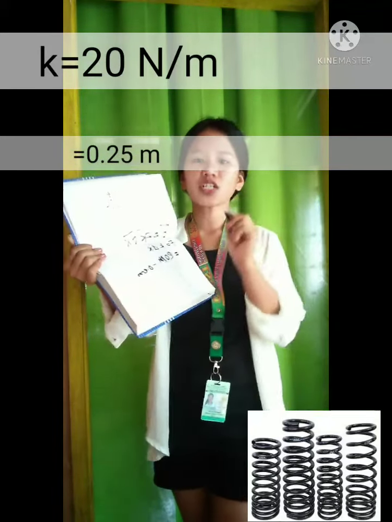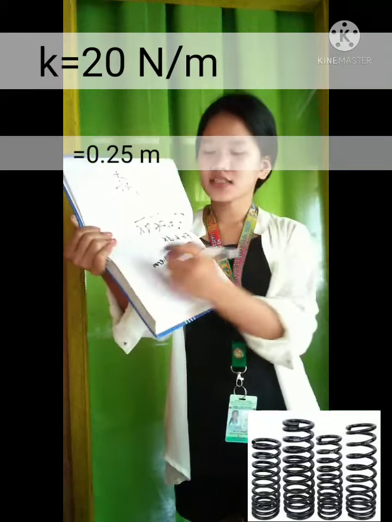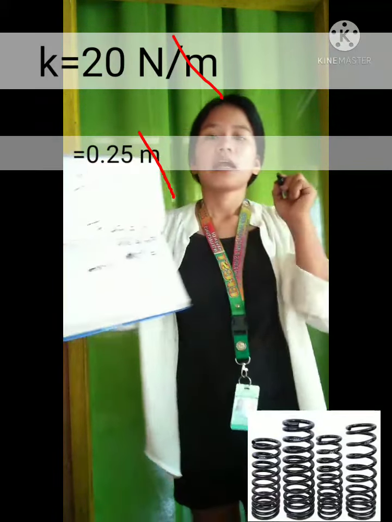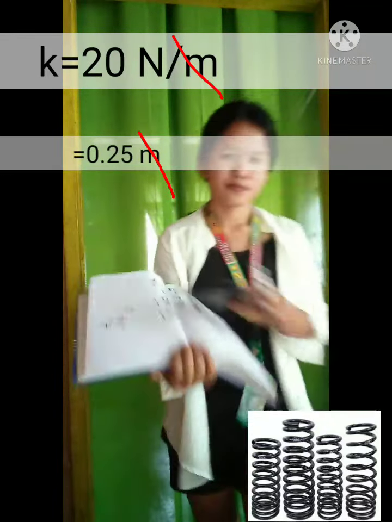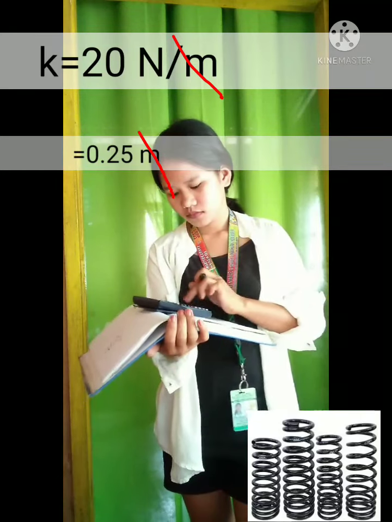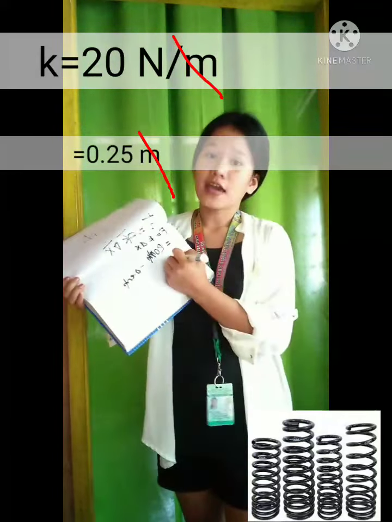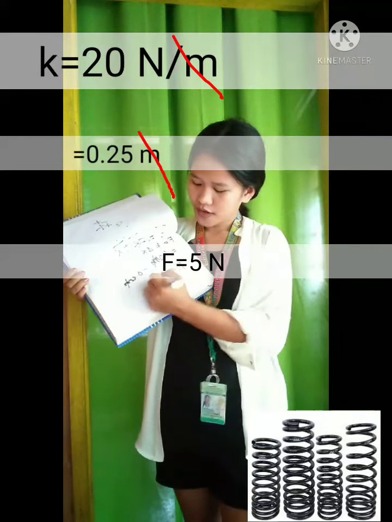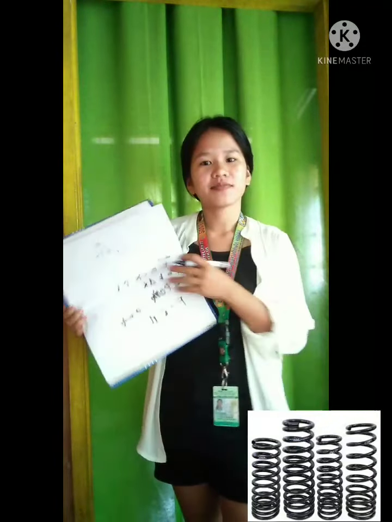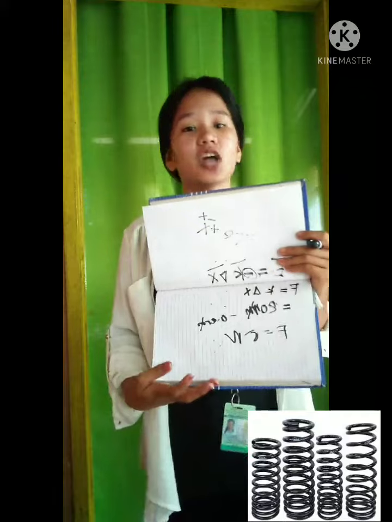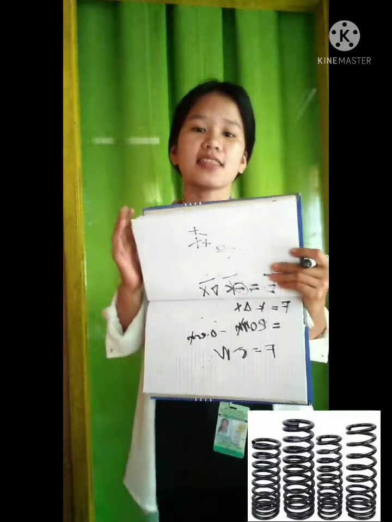The meters cancel out, and the result is F equals 5 newtons. A force of 5 newtons is needed to pull this spring a distance of 25 centimeters.